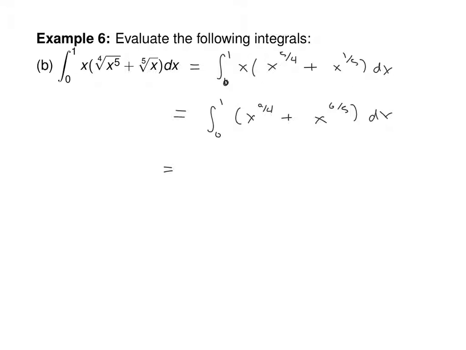I believed in you. What's the antiderivative of x to the 9 quarters? 9 quarters plus 1, so 13 over 4, and then 4/13, I think, right?